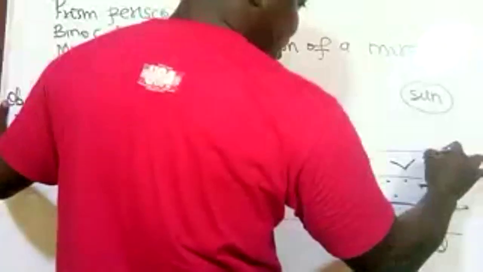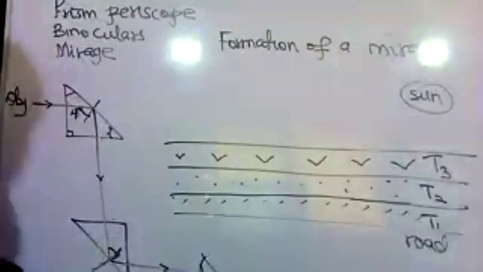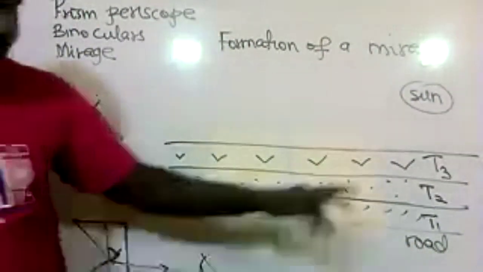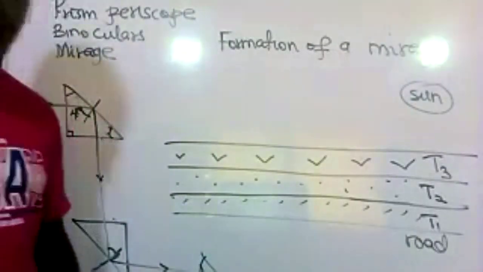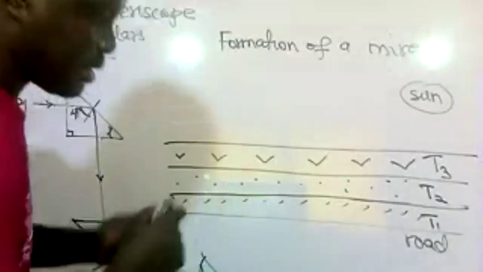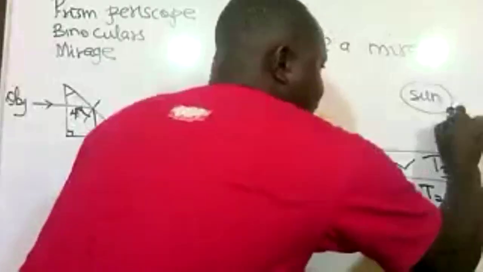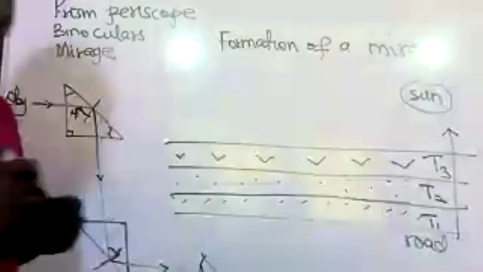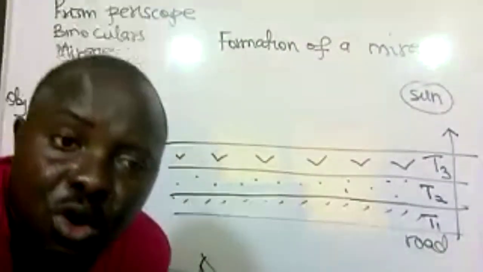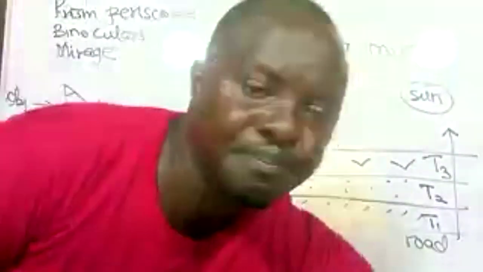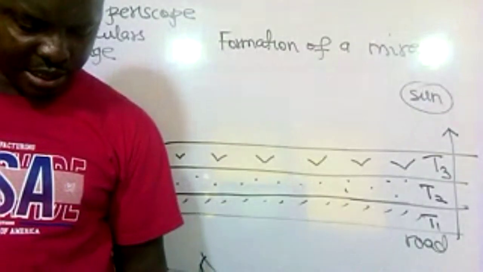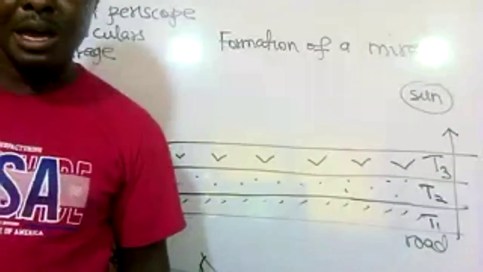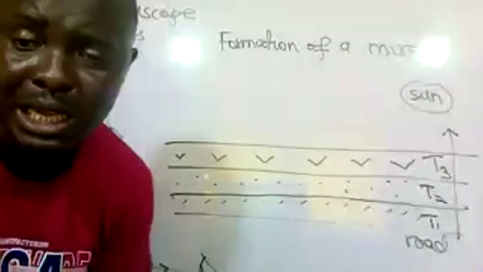Its temperature is T3. T3 is less than T2 and T1. So as we go up, what happens to temperature? Class, as we move up, what happens to the temperature of the air layer?